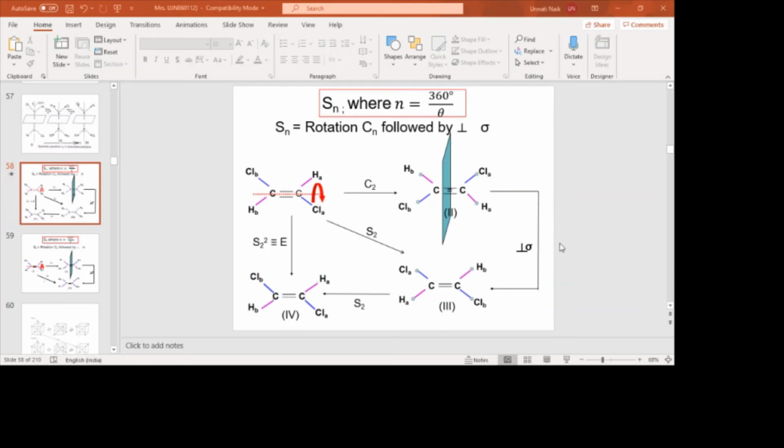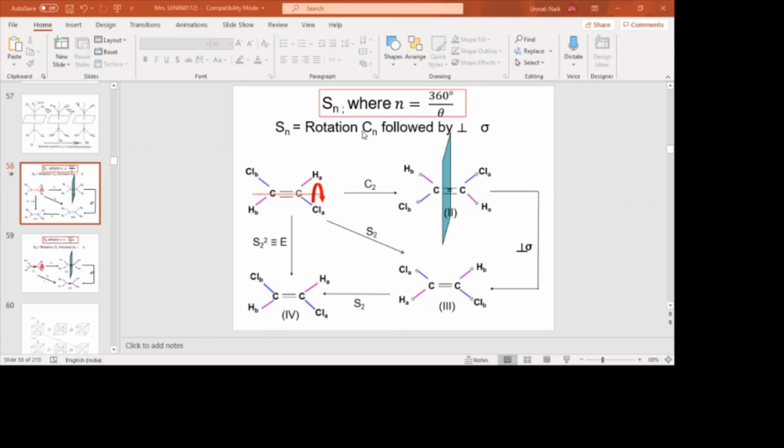So the difference between Sn, that is the improper axis of rotation, and the actual Cn, the proper axis of rotation, is that in Cn, n represents the number of operations required to get the original structure, whereas in Sn, if n equals an odd number, then we have to perform twice n times the operation to get the original structure.